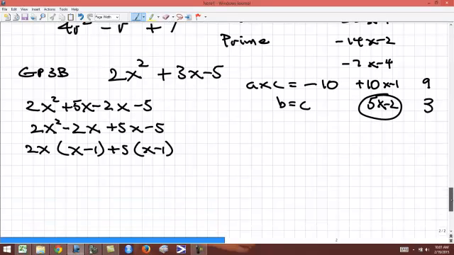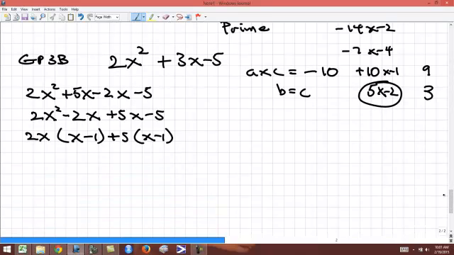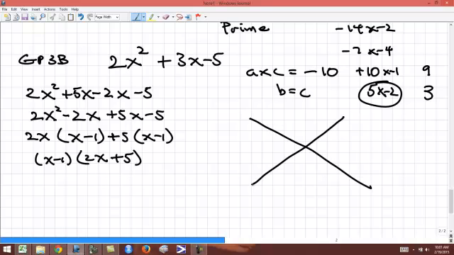I now have x minus 1 as a common factor in both terms. So I have x minus 1 times 2x plus 5. And here's the negative 10, and here's the 3, and here's the 5, and the negative 2.